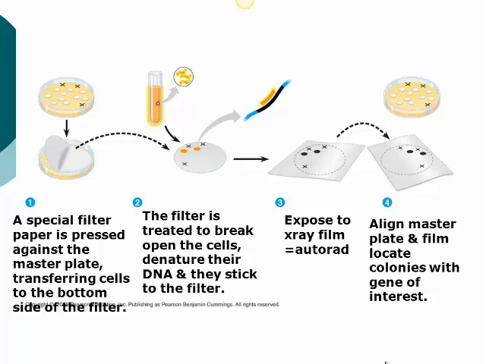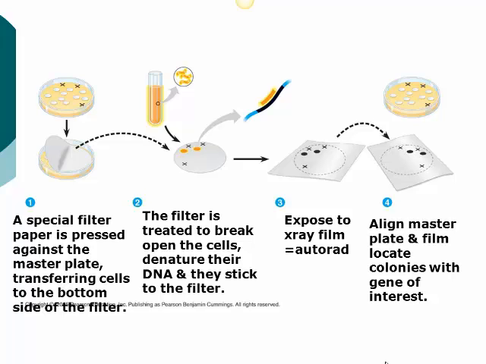I lift it up. And then I treat it to open up the cells and denature the DNA, because if the double strands are hydrogen bound together, they're not going to be able to bind with my probe, so I have to denature it, and then cause it to stick to the filter, and then I expose it to my probe.